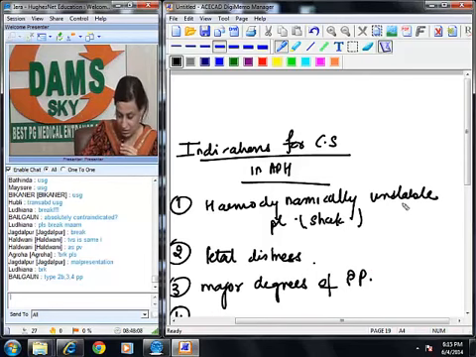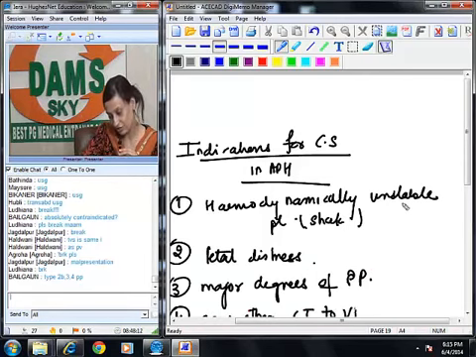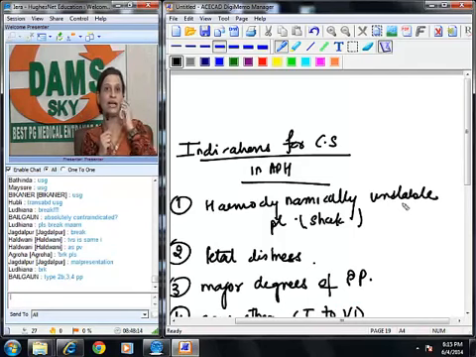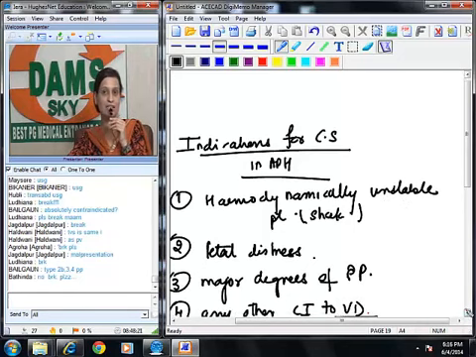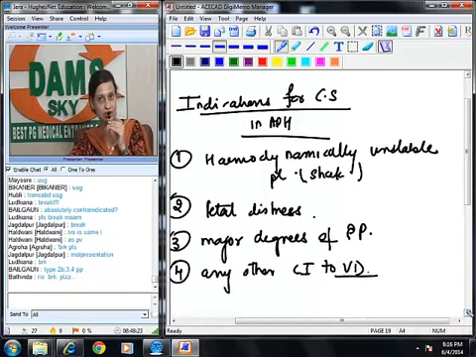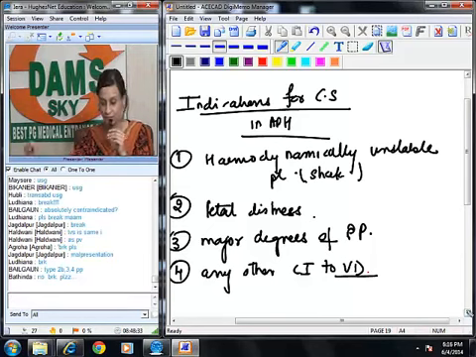Just to complete the list, any other contraindication to vaginal delivery, for example, malpresentation. So anything which is otherwise a contraindication for vaginal delivery itself becomes an indication here. But these specific ones are hemodynamically unstable patient, fetal distress, major degrees of placenta previa, right?